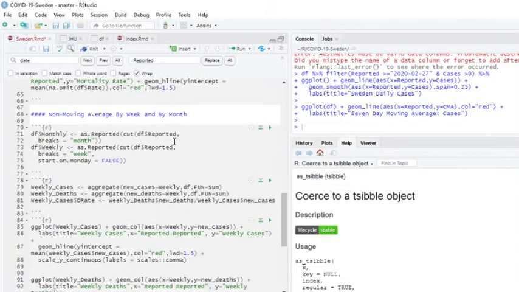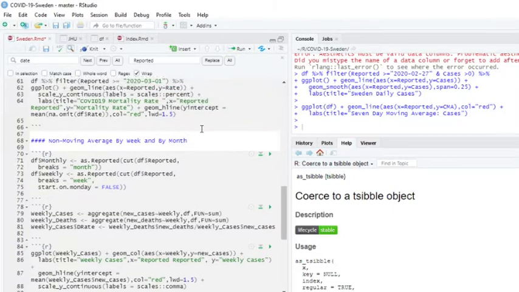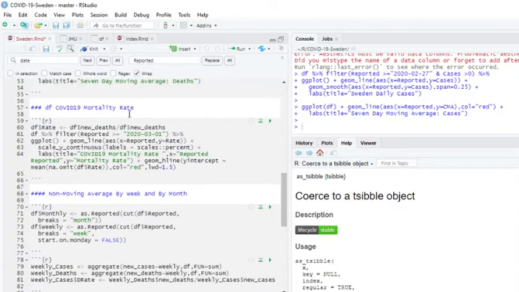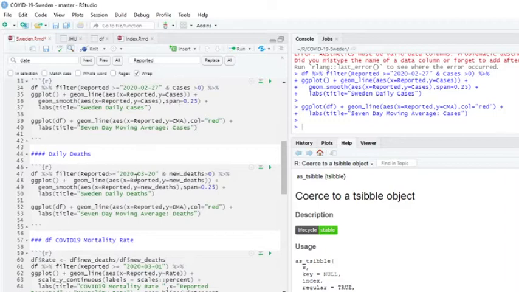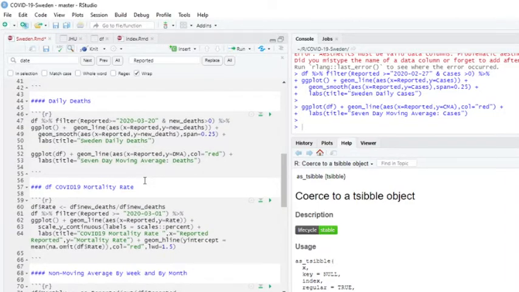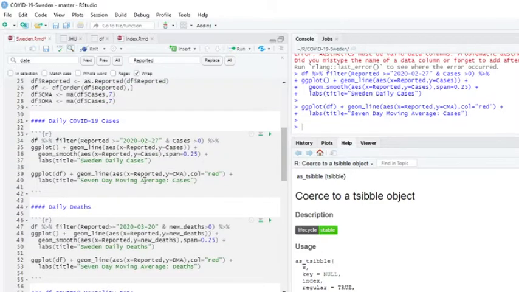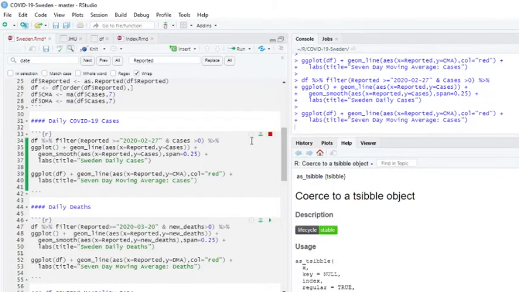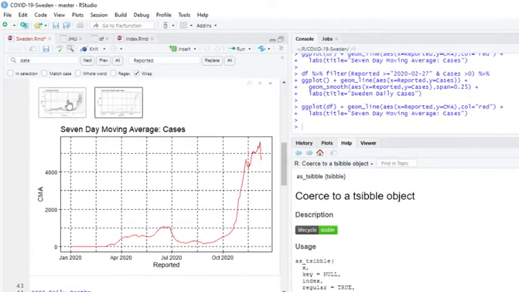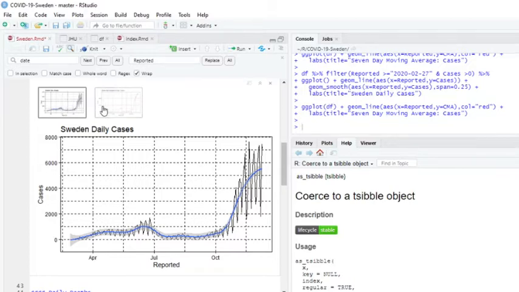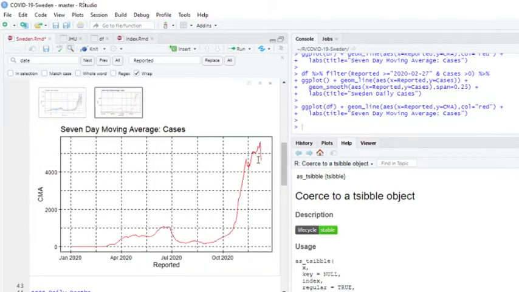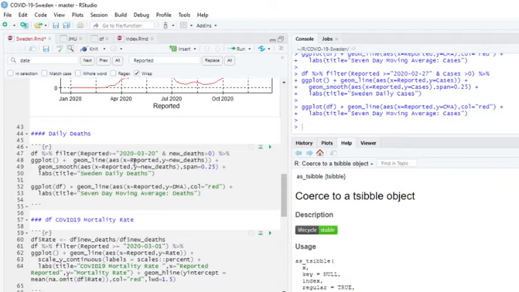Daily rates, average. Where's daily cases? COVID-19 cases. Okay, so this is Sweden's daily cases and the 7-day moving average of cases. Nothing really radical here.